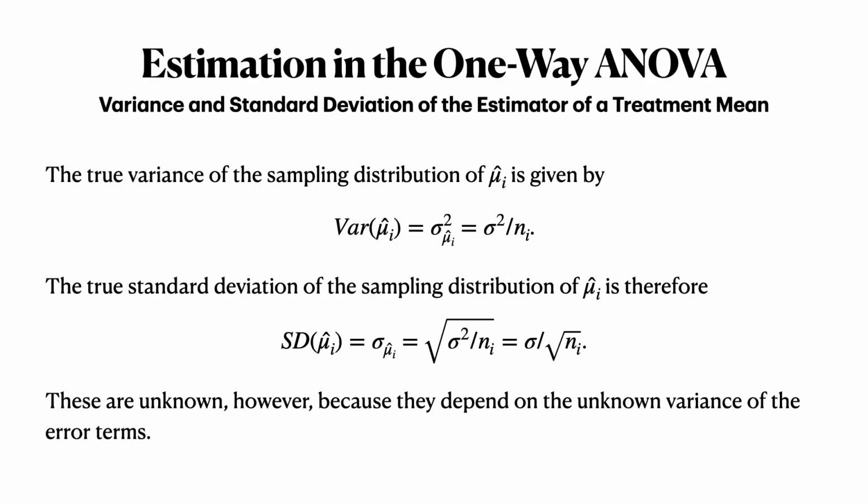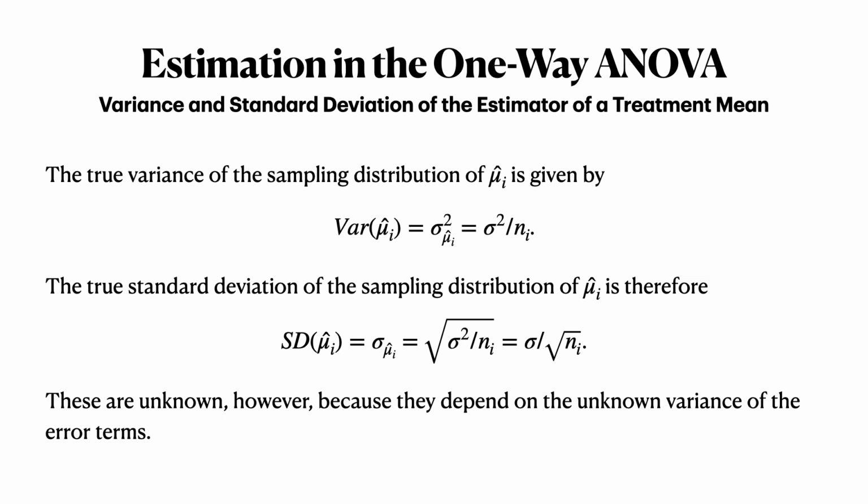Now, it can be shown that the true variance of the sampling distribution of the estimator mu hat sub I is equal to sigma squared, the model error variance, divided by the size of the ith sample, n sub I. The true standard deviation of the sampling distribution of mu hat sub I will be denoted SD of mu hat sub I, and also sigma with mu hat sub I in the subscript.